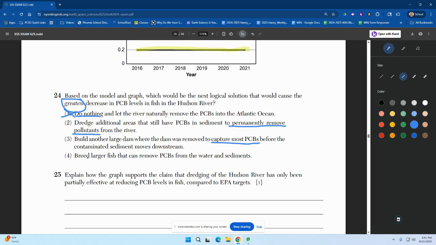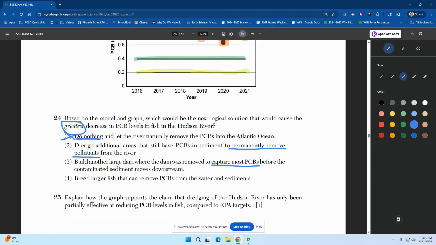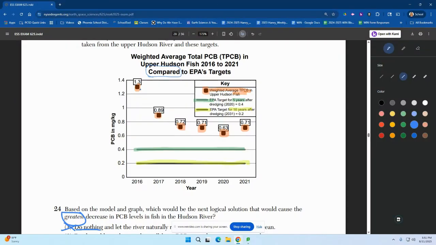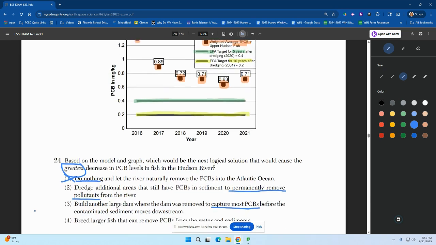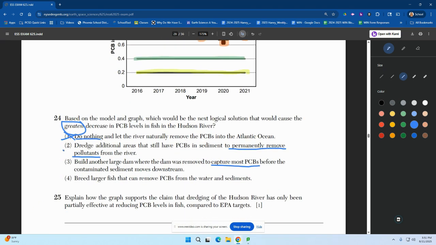Again, a very timely solution, right? And we can see from our data here that while our measurements haven't reached target, they are decreasing as we have dredged. Okay, so I'm going to say that number 2 is my best option in terms of something that I can do quickly and something that is going to have a great effect on our population of fish.